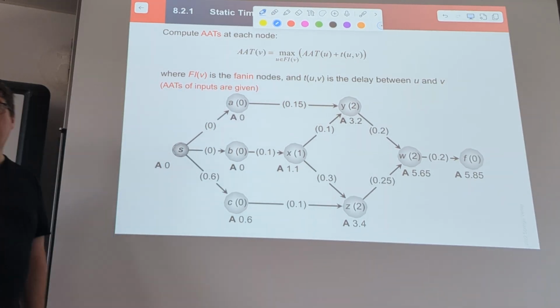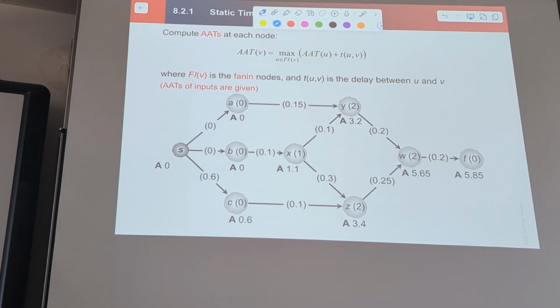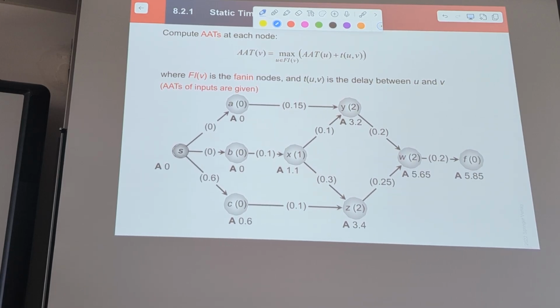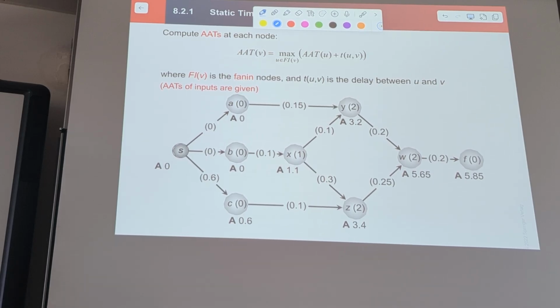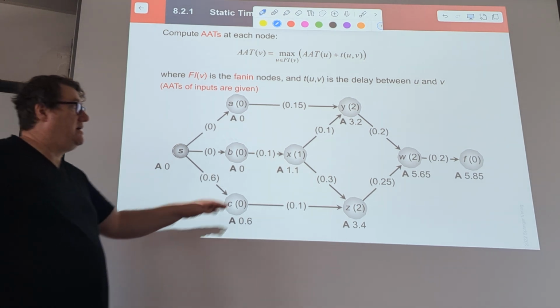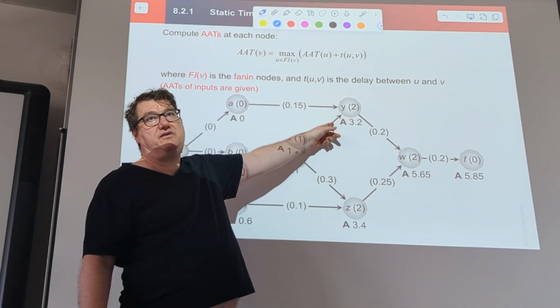And then they looked at every path and checked what will be our time through that path. But the number of paths will increase dramatically with the size of the circuit. With this algorithm, you stop looking at a path when you have another path which will arrive later.